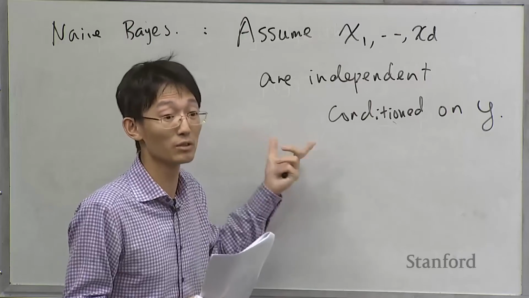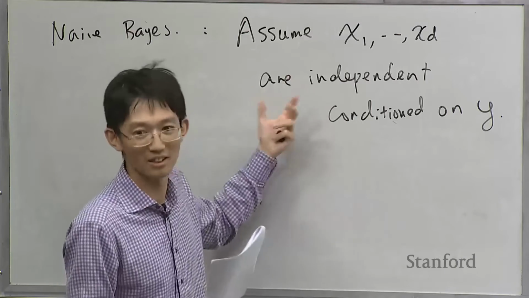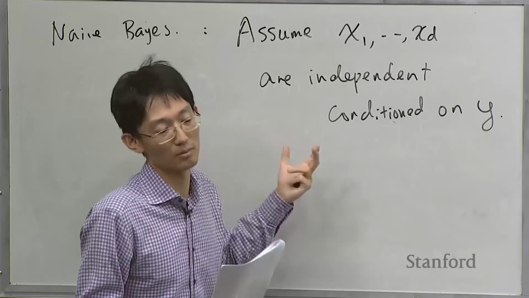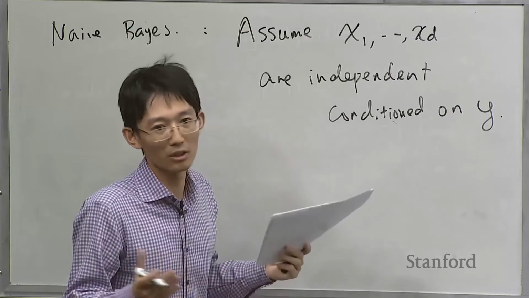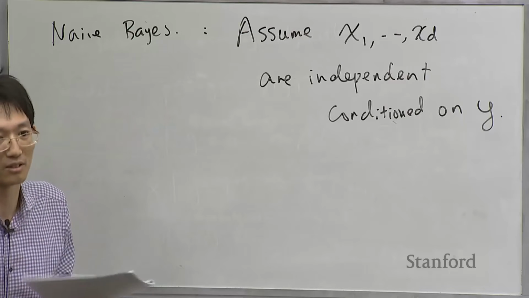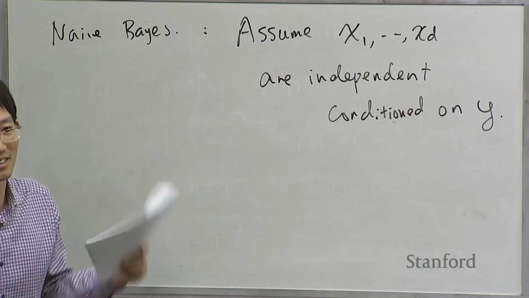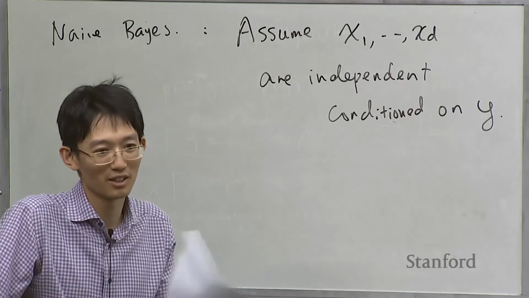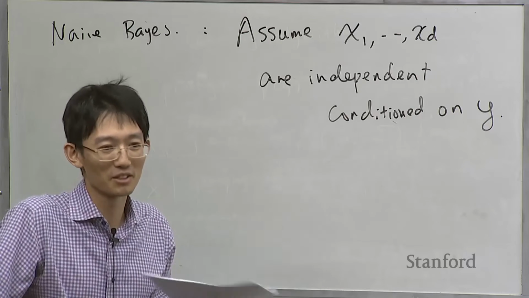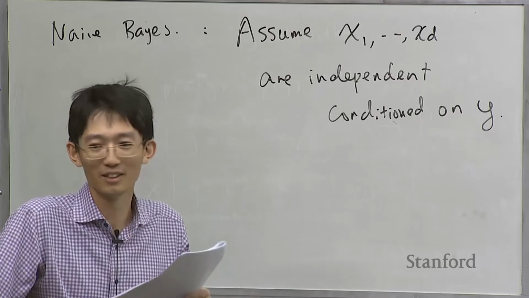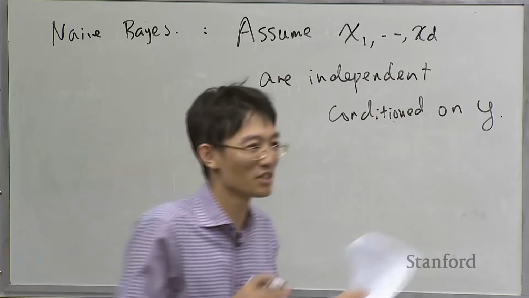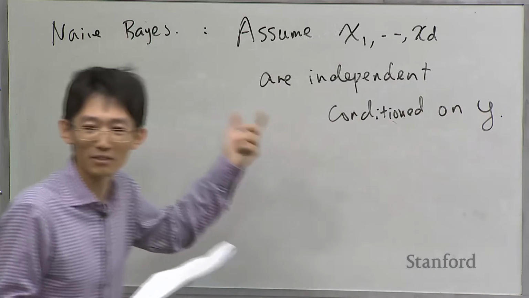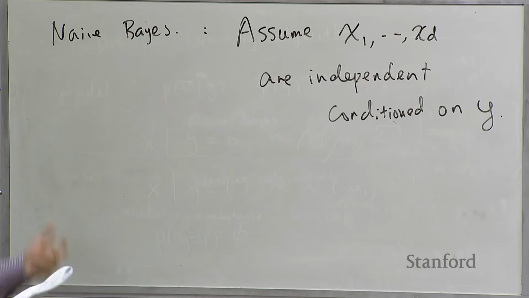Even with this kind of crazy assumption, if you learn some parameters and use this model to classify spam, I think you're going to get more than 90% accuracy. Maybe as of 2012 it's not that effective because spammers are adversarial, right? They know what your prediction algorithm is and can change their approach to fool you, but at least this was a reasonable one if you go back 10 years ago, for sure.